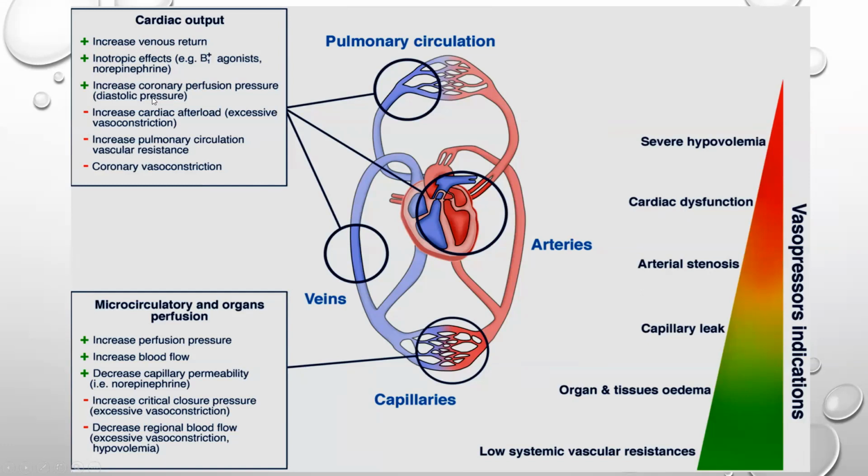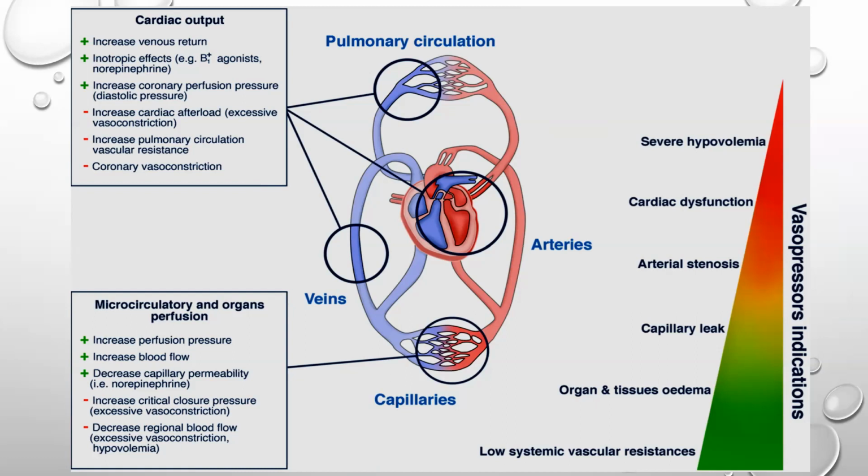But on the other hand, the vasopressors do have negative effects on the heart, because once you increase the systemic vascular resistance, then the afterload, or the forces against which the heart should work, will increase. So this can lead to increased oxygen consumption for the heart, and it might fail the myocardium if there is excessive vasoconstriction. And also, because it is non-selective vasoconstriction, it can lead to increased pulmonary vascular resistance.